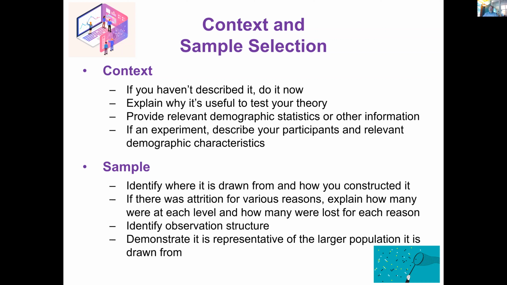If you have some data on some of the actors or observations from the higher level that you lost, maybe you can compare them. Or if you're doing a survey and addressing non-response bias, you can compare the folks who responded to the folks who didn't respond on some demographics on which you have them, to at least show that along those dimensions they are representative of the broader sample from which you drew them.